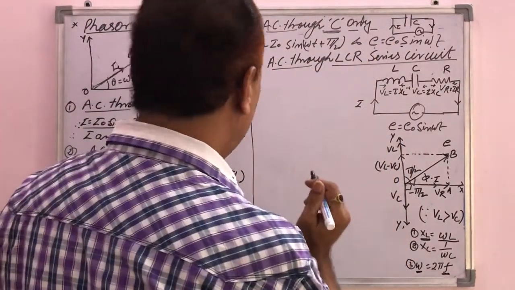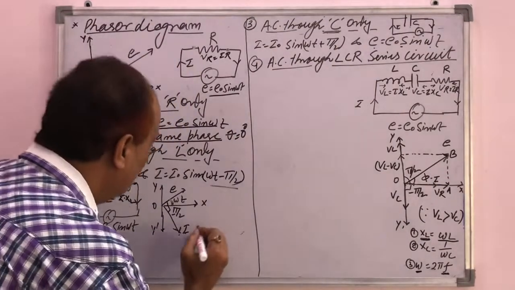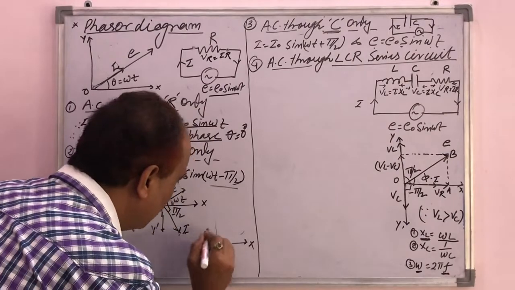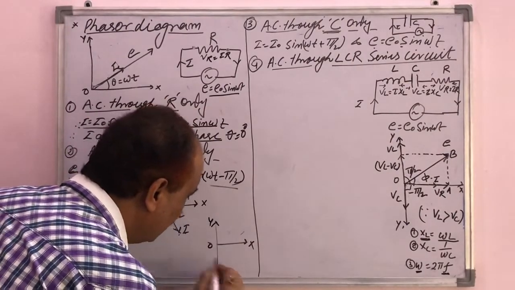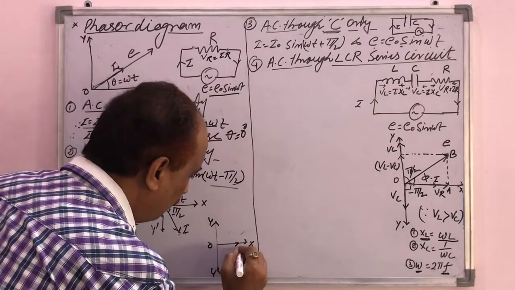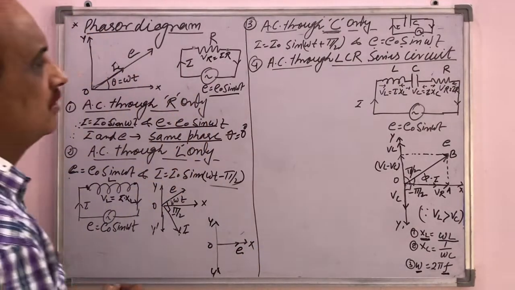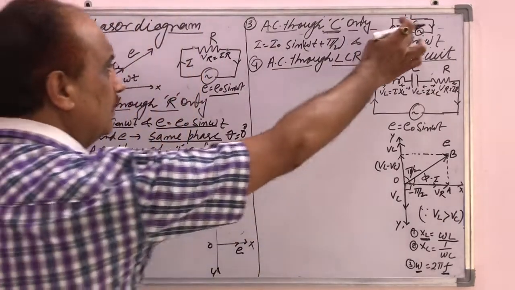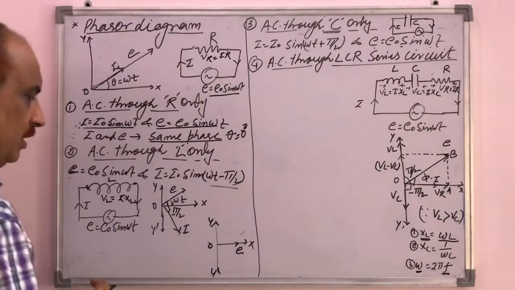It means when we draw the phasor diagram for this situation, it is like this. This is the x-axis, origin, and y-axis Y dash. This vector is represented by the EMF which is acting across the two plates of the capacitor, that is E equal to E naught sin omega t.